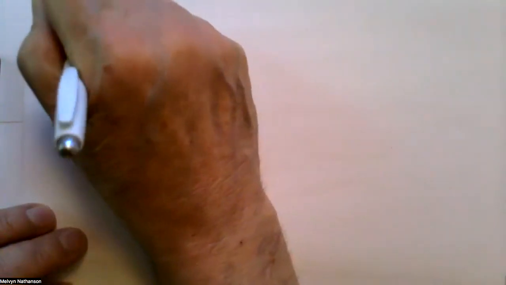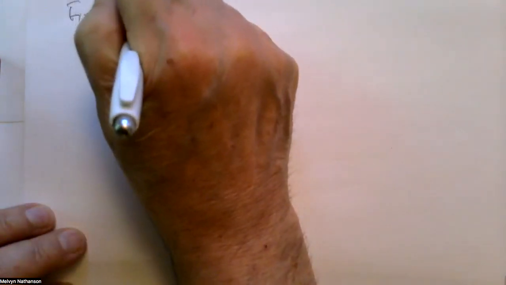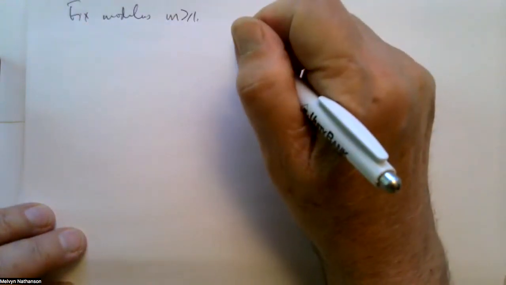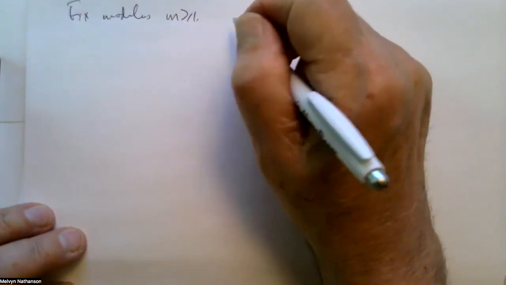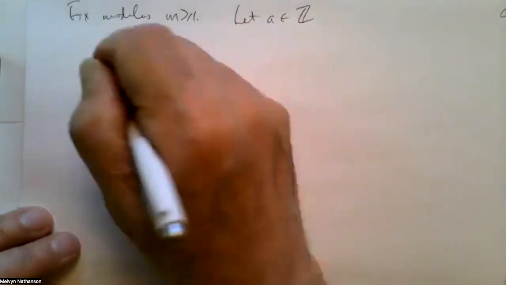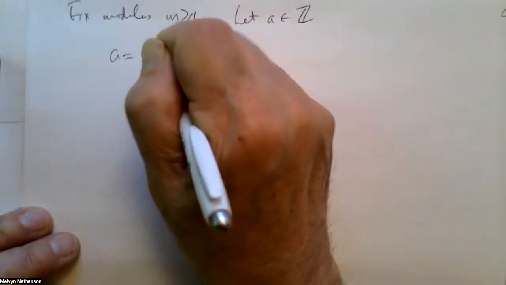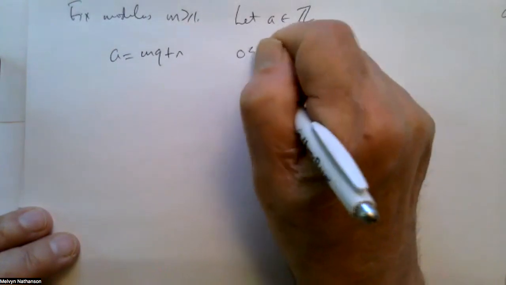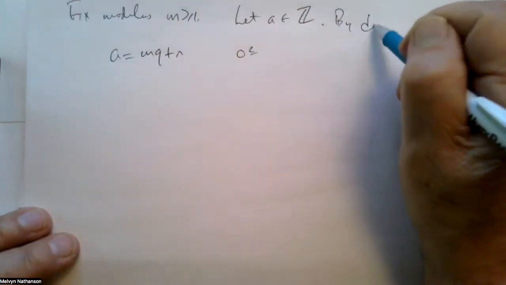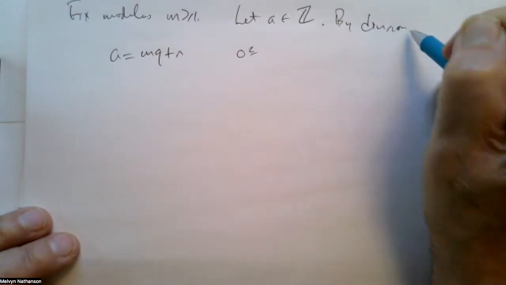Now, suppose we fix the modulus m at least 1. Suppose you take an integer a and divide it by m. So a is mq plus r. This is just by the division algorithm, or long division.